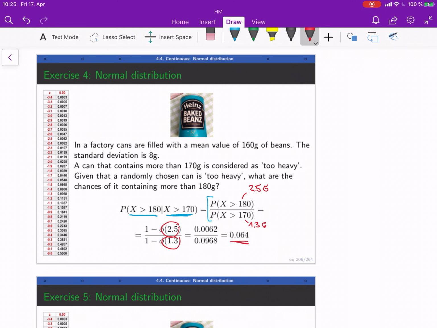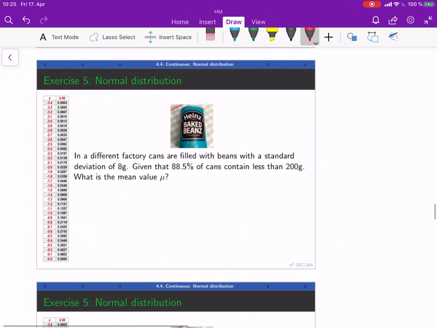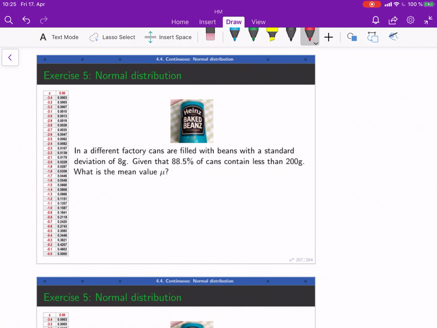Perfect. One last one. This is the hardest one. It's almost like taking us a bit to confidence intervals. So we know that beans are filled with a standard deviation of 8 grams. That's our sigma. Now we've lost the mean value.